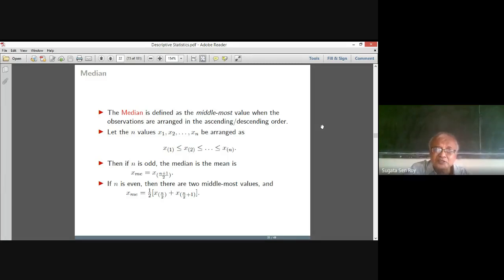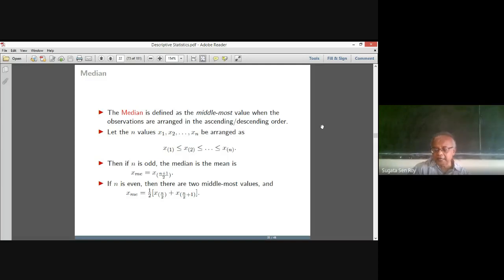And what does that student do? If we add up all these numbers and then divide by 5, this is going to pull down the whole value. So you would not like one student to bring down the average marks. In this case, instead of the mean, you'd prefer to look at the median.